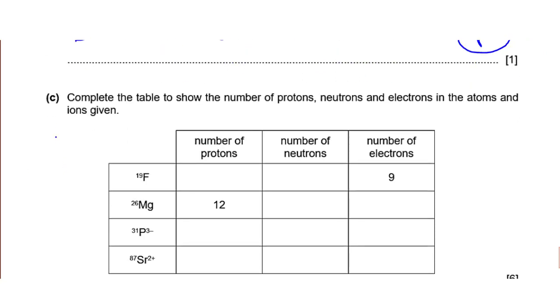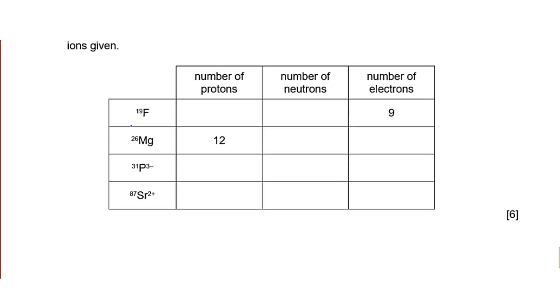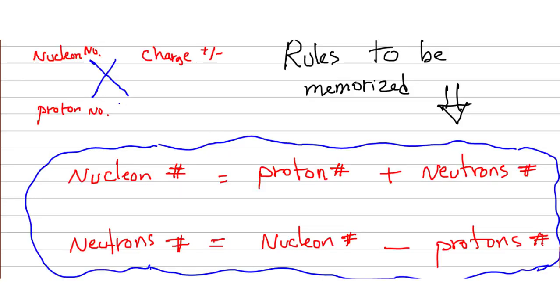So let's go to point 3. Letter C, complete the table to show the number of protons, neutrons, and electrons in the atom and ions. Here guys, I think we have to memorize some rules before solving this question. If this is X, this X is a symbol for any element. The number down here represents proton number, and the number at the top represents nucleon number.